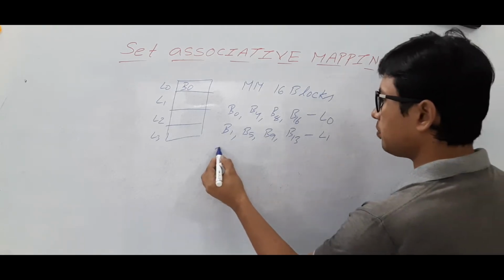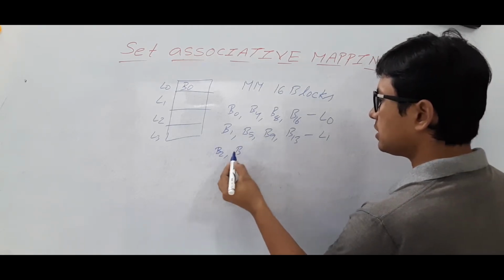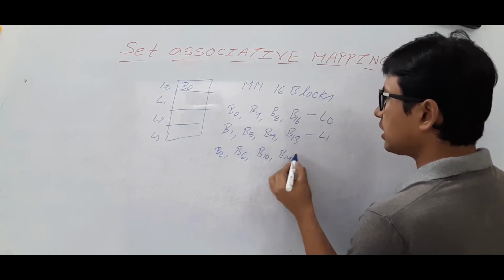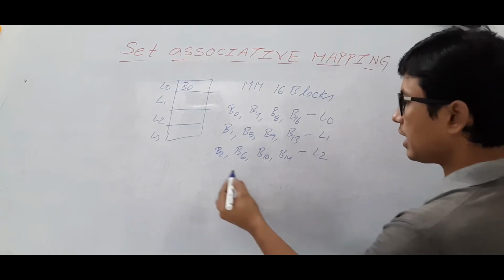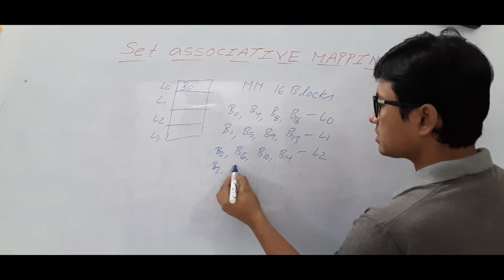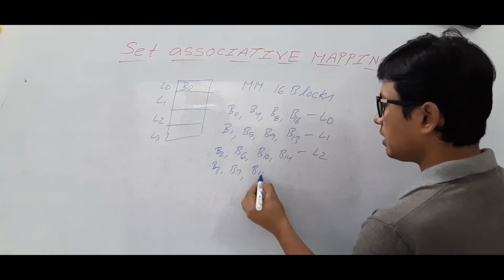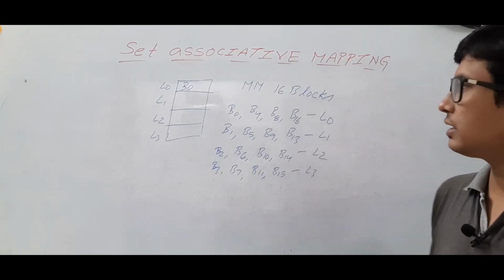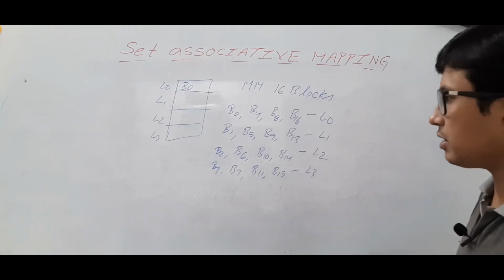Block number 2, 6, 10 and 14 can be placed in line number 2, and block number 3, 7, 11 and 15 can be placed in line number 3. Am I right?